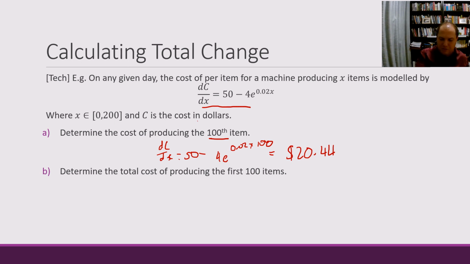Now if we want the cost of producing the first 100 items, we'll be integrating from 0 to 100 of 50 minus 4e to the 0.02x dx. And again, this is a tech problem, so we can just put it straight into our calculator, and we end up getting $3,722.19.